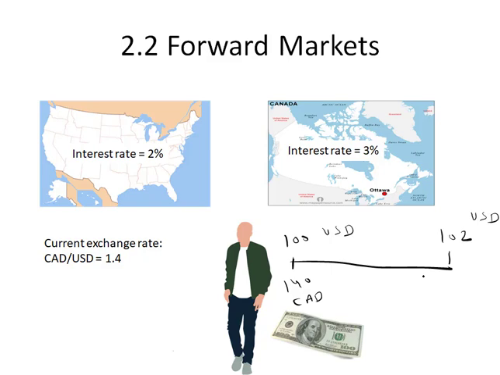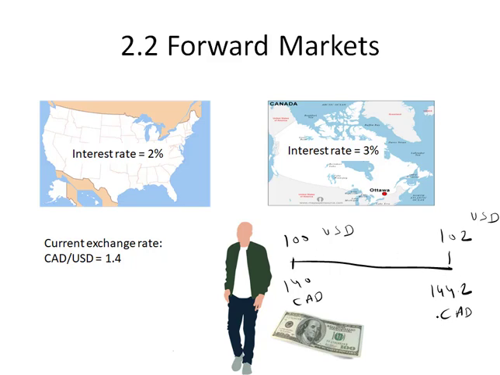I'm going to use my calculator here. 140 multiplied by 1.03 is 144.2 Canadian dollars.